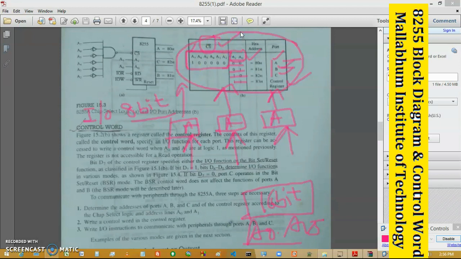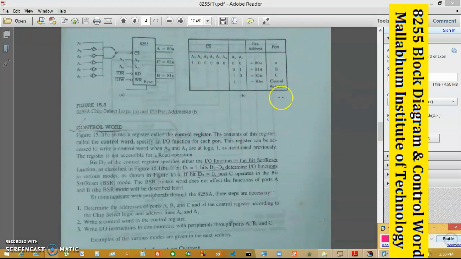That means you can set different combinations of A2 to A7 to select the chip with different configurations. Here we have set A7 equal to 1 for that configuration, and all the others are 0. The chip select line is active low, so it is 0, and this line is 1. For that configuration the address is 1000 0000 and so on.